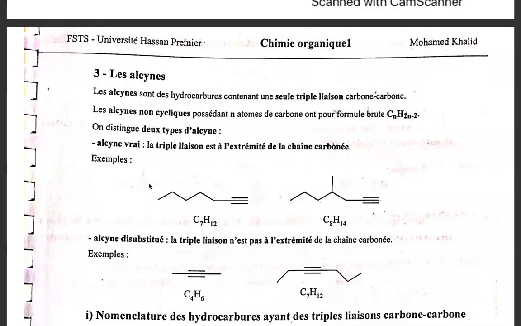There are true alkynes, with the triple bond at the end, and then those that are disubstituted. Like Taonga said last time, we had linear and branched. This disubstituted is also like branched. True is like just straight chains, linear.